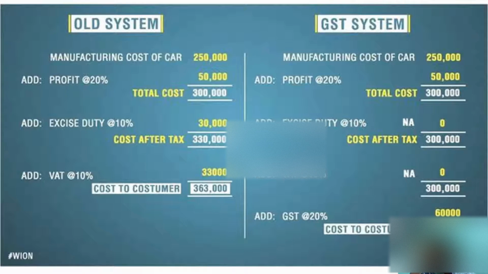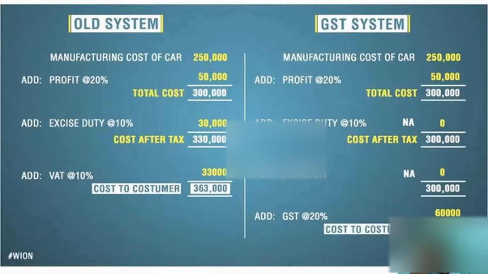And on this, the seller would obviously add profit, so he's adding profit of 20%. Now 20% on 2,50,000 is 50,000. If this 50,000 is added on to the cost of the product, then after adding profit, the total cost is 3 lakh rupees.